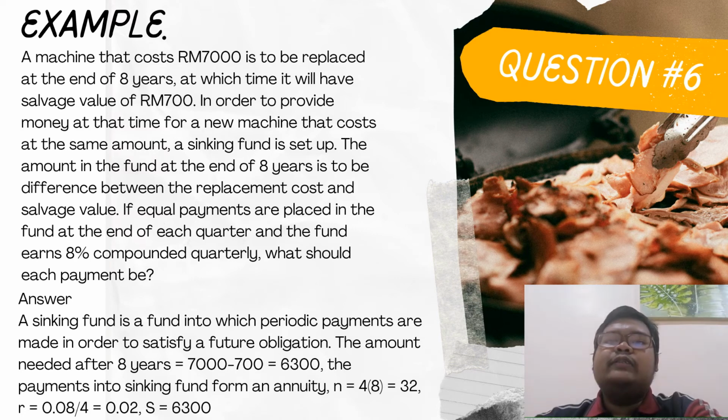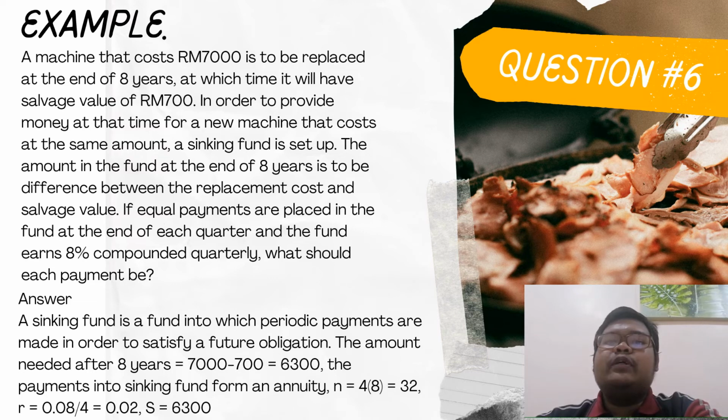So the answer is, first, a sinking fund is a fund into which periodic payments are made in order to satisfy a future obligation. The amount needed after 8 years equals 7,000 minus 700 equals 6,300.